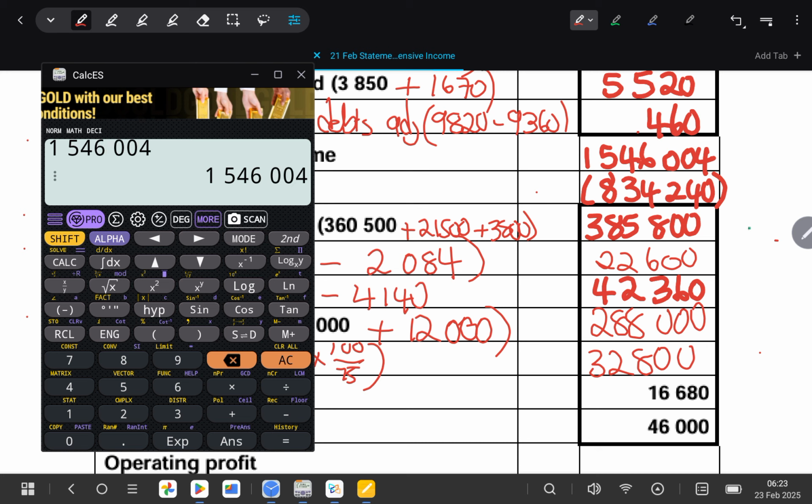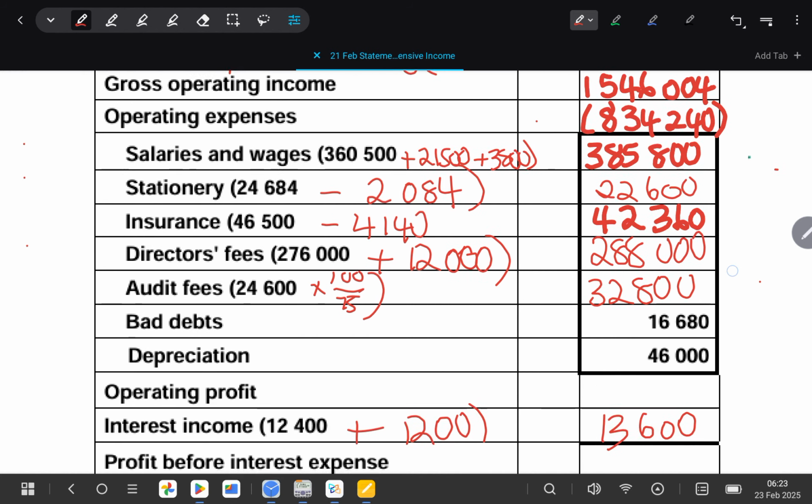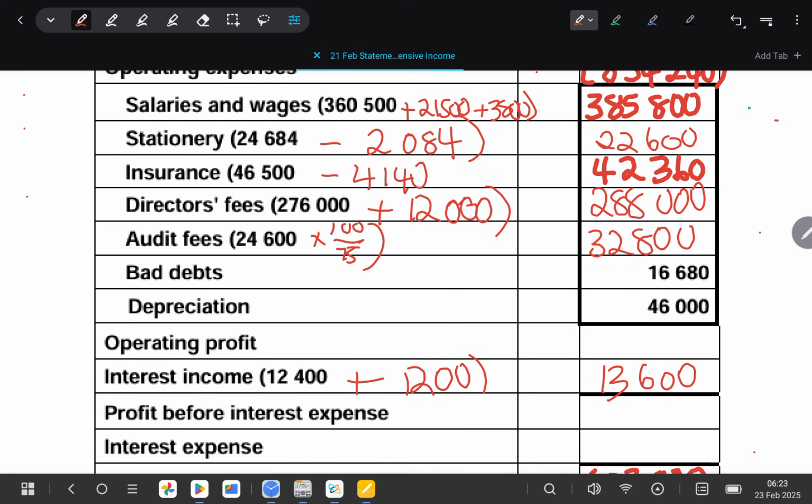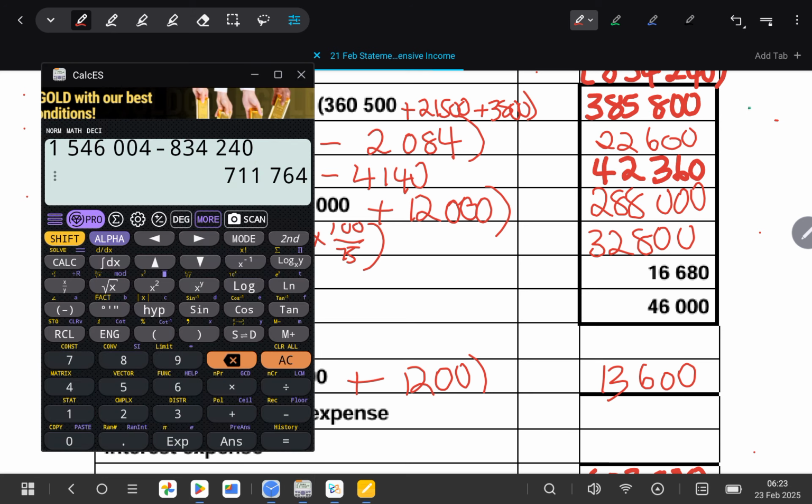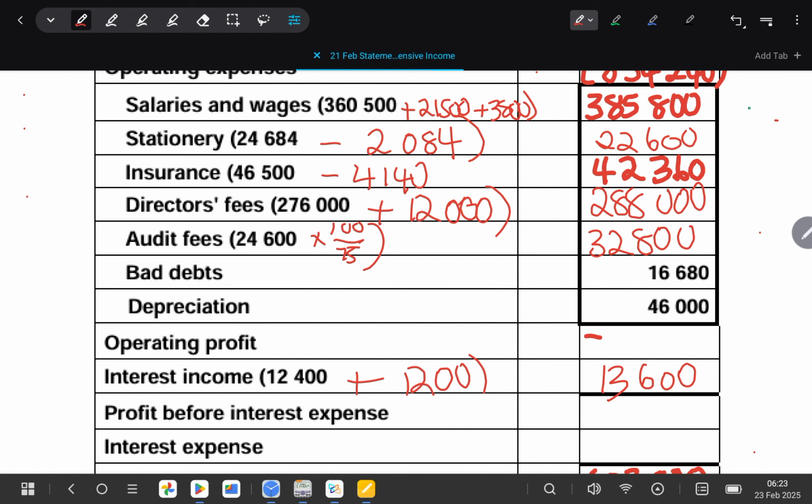Okay, so let's get our operating profit. 1,546,004 minus 834,240. So it is giving us 711,764.